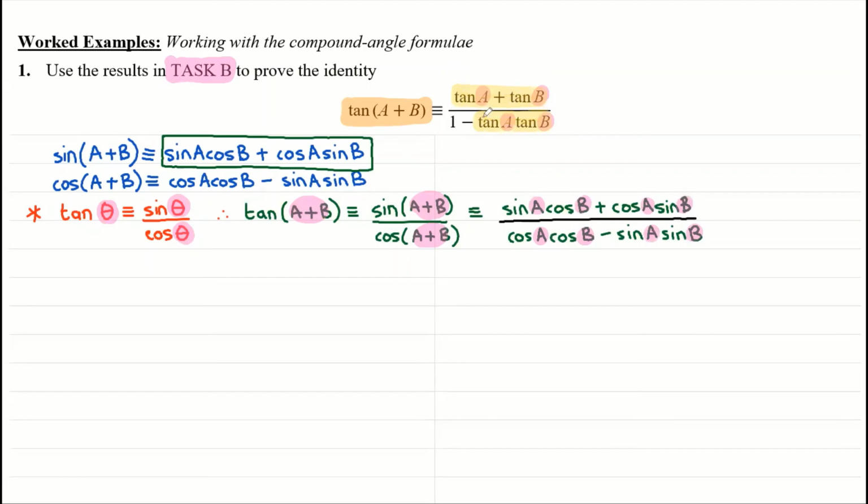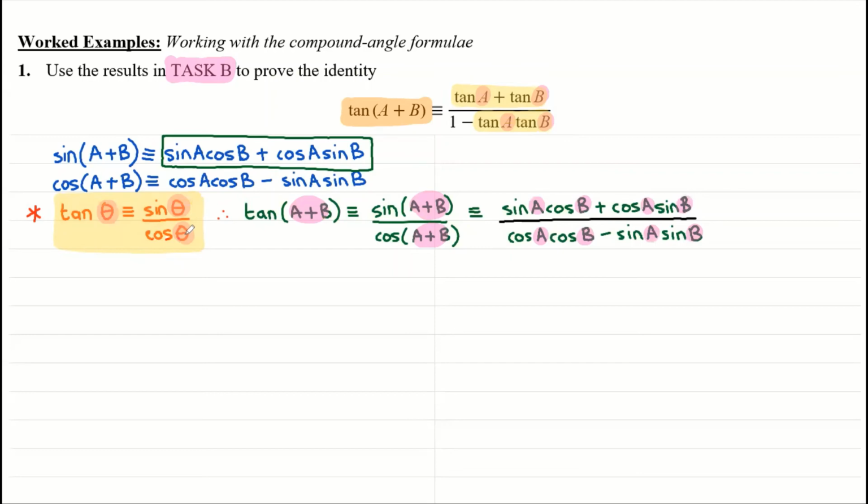Well, we can go back to our favorite identity here. We know it doesn't matter what theta is. It can be a plus b, it can be a smiley face. It doesn't matter. It's still valid.